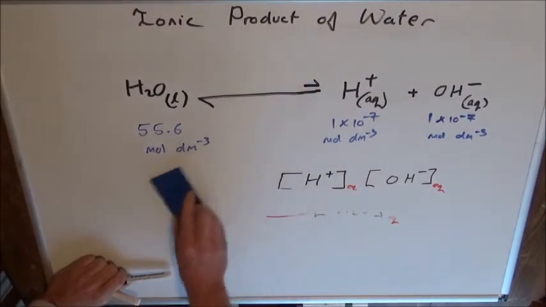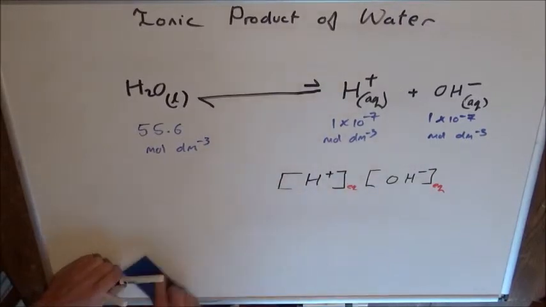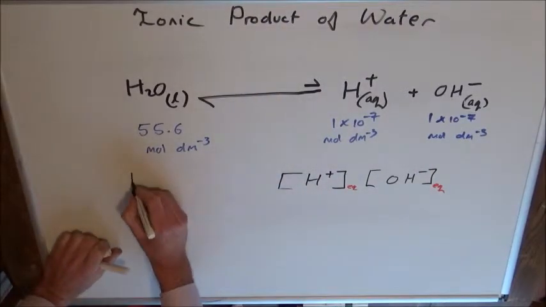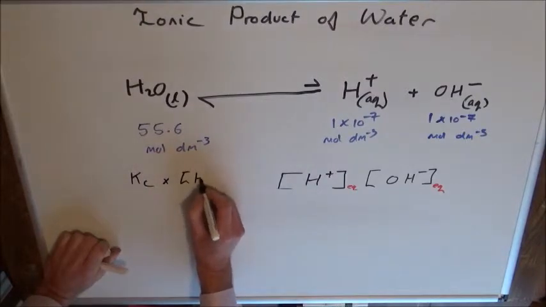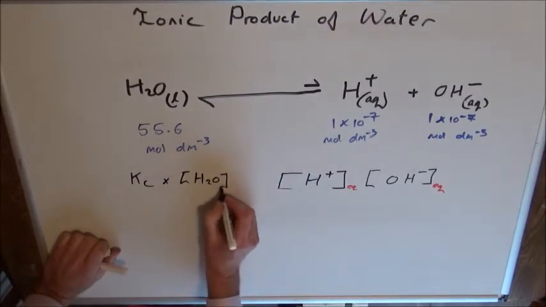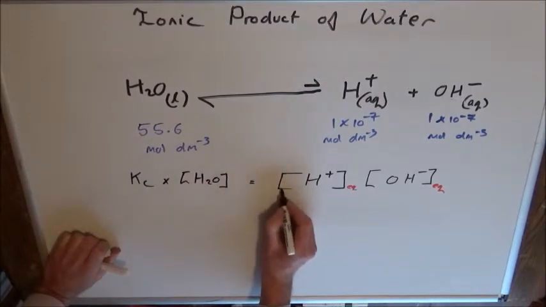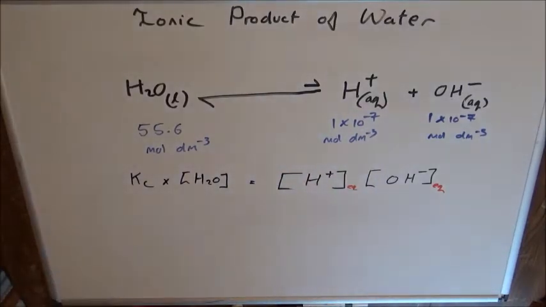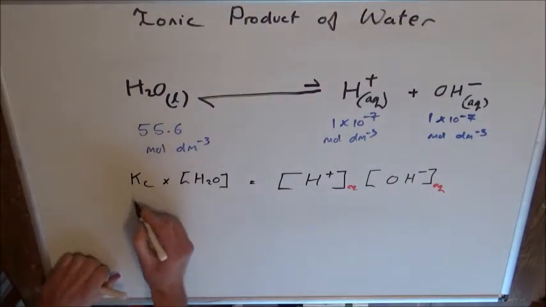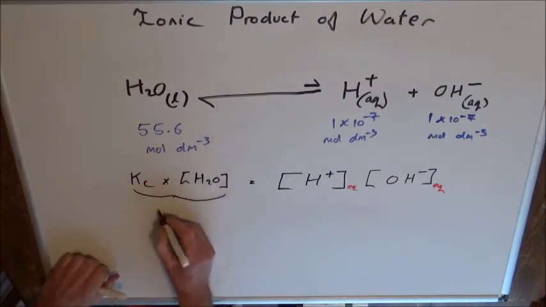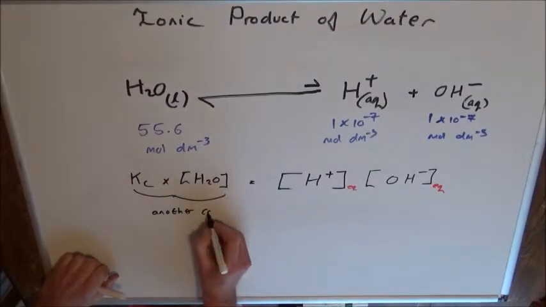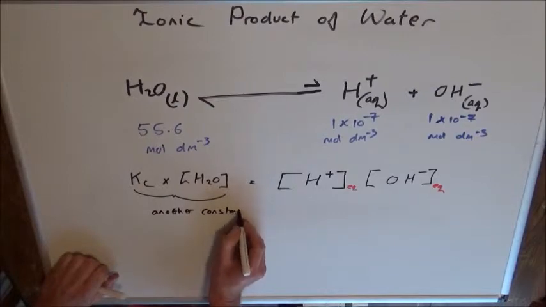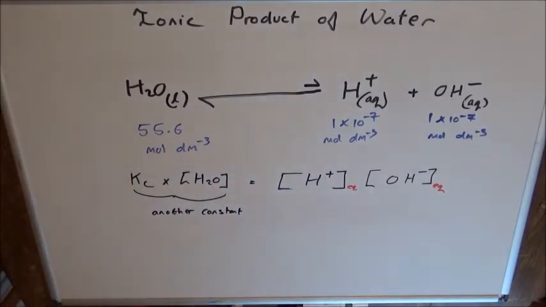I've just cross multiplied, so I can put Kc, whatever that is, multiplied by the concentration of H2O, equal to H plus multiplied by the concentration of the hydroxide ions. Now if you've got two constants and you multiply them, you just make another constant. So why have two constants when you can have just one?